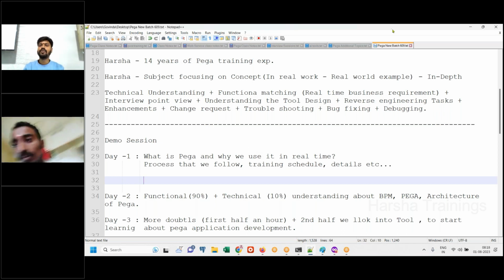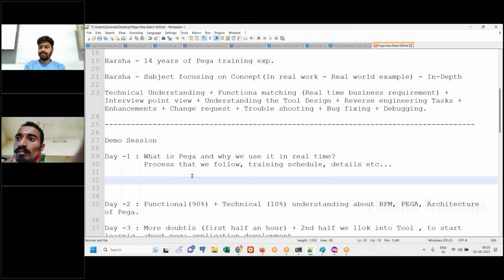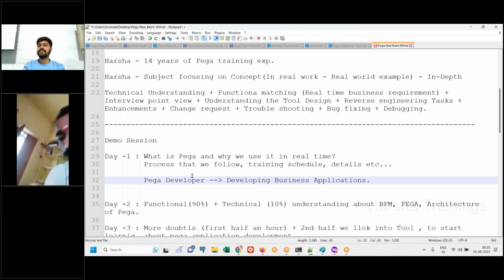So all of you, whoever is going to learn Pega today, you will become a Pega developer, where you will develop applications, business applications. Can anyone tell me? I will come to your questions.